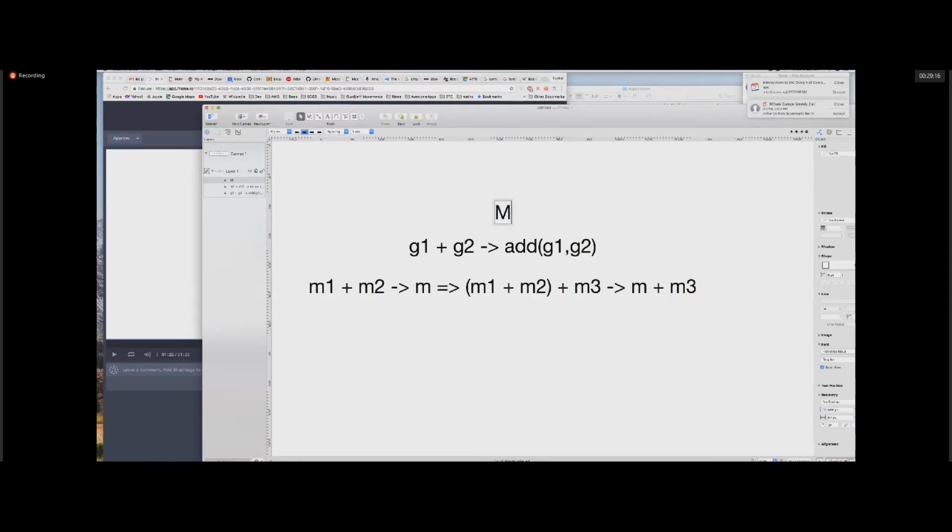So we have M parametric in a G is of the form: either it's the identity, or it's a G, or it's an M plus, sorry, still getting used to this keyboard.